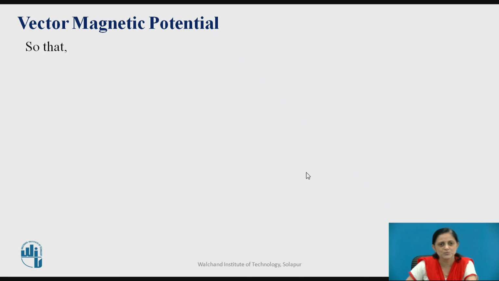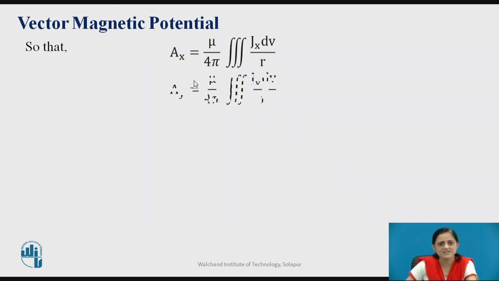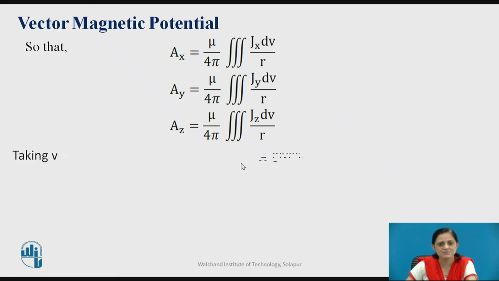So you get Ax equal to mu upon 4 pi times the triple integration over the volume of Jx dV by R, Ay equal to mu upon 4 pi triple integration of Jy dV by R, and Az equal to mu upon 4 pi triple integration of Jz dV by R.